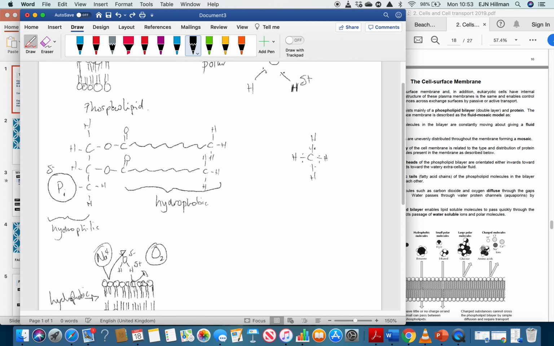Essentially, charged ions and molecules with polarity do not pass through. Water does a little bit, but not particularly well. Anything that is uncharged, so any non-polar molecules, can pass through as long as they're small enough.